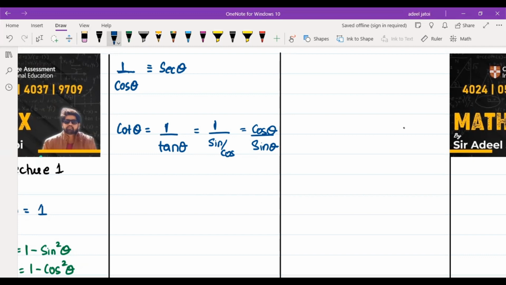Then we have 1 plus cot square theta, which is written as cosec square theta, and 1 plus tan square theta, which is identical to sec square theta.